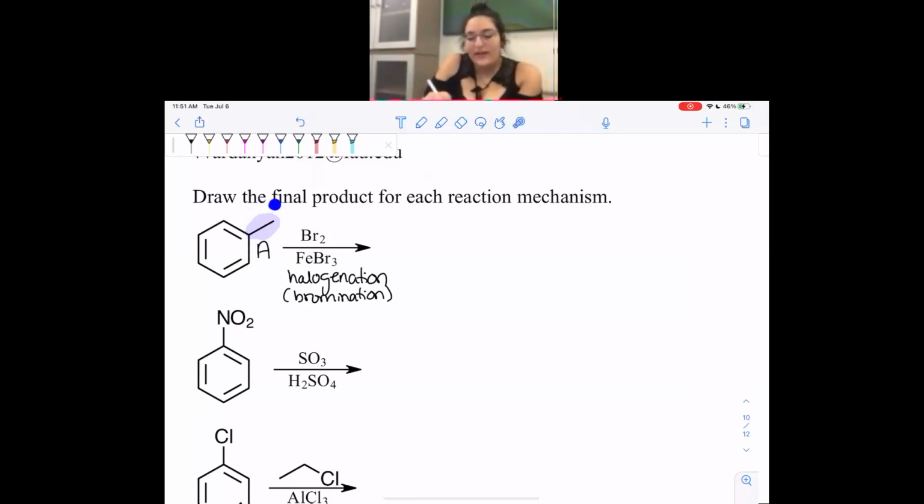All right. So when we have an activator, where is this going to direct? Ortho, para, or meta? Yes, so it's going to be ortho and para. So I'm going to go ahead and draw an arrow if my iPad would let me.